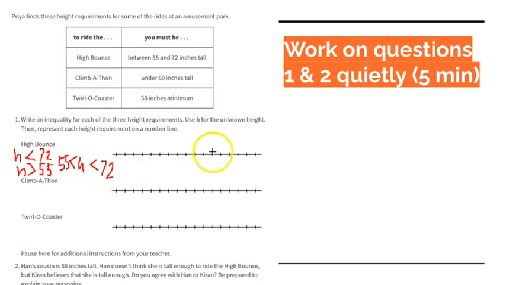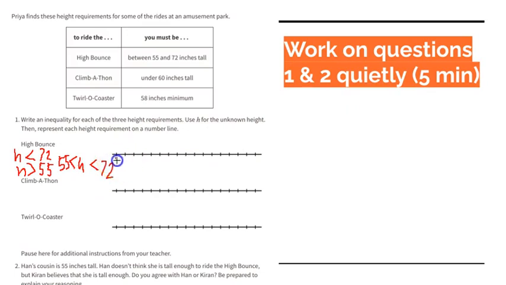What's that going to look like on a number line? Yeah, we'll just pick a spot that we say is 55, and it has to be something that goes in between. Let me retry this.